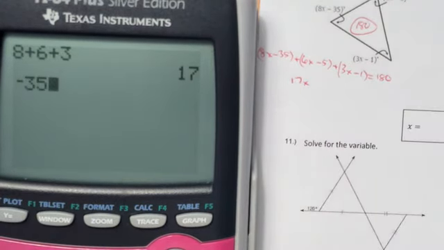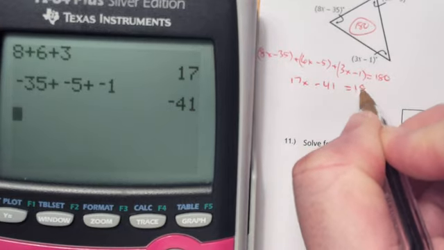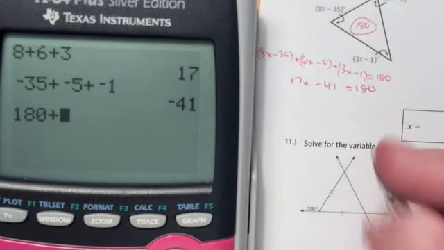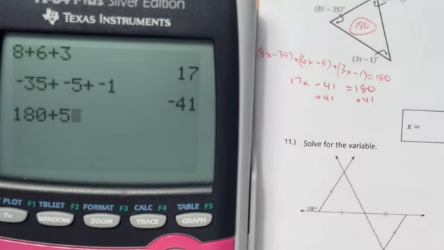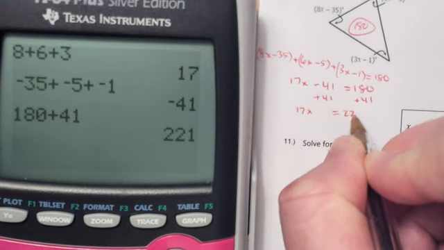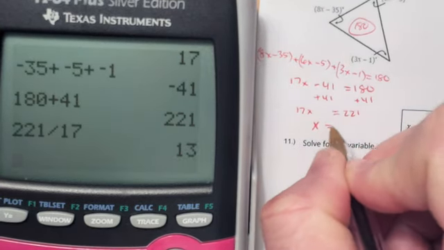And then we have negative 35 plus a negative 5 plus a negative 1 makes negative 41 is equal to 180 degrees. Okay, take that 180. I'm going to add 41 to both sides. And you get 17x is equal to 221. I take 221, divide that by 17, and I get x equals 13.